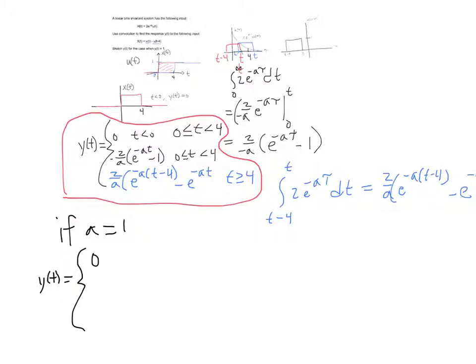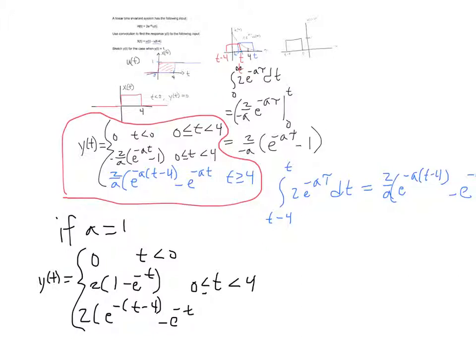You're going to get y of t still equal to 0 for the first range. You're going to get 2 times 1 minus e to the negative t for t greater than or equal to 0, less than 4. You're going to get 2e to the negative t minus 4 minus e to the negative t for t greater than or equal to 4.